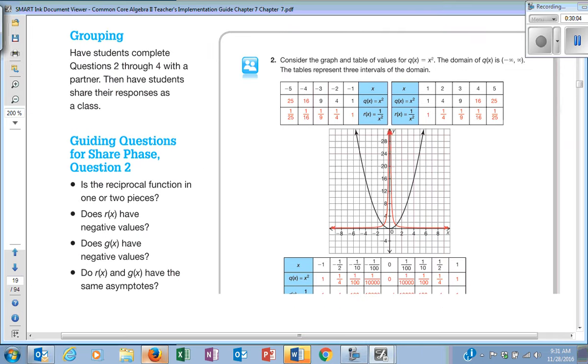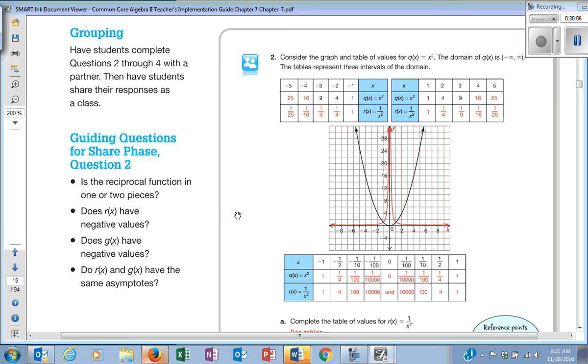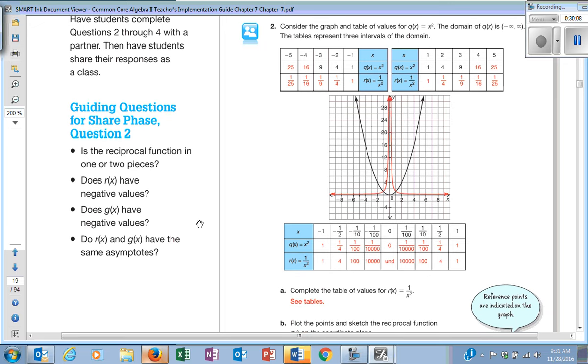Right here, they just fill in these tables again. This is the same exact thing they did up there, but they actually showed you the tables, so you can pause your video and fill these in. All they're doing is taking this x and plugging it into this equation. When you plug in negative 1, squared becomes a positive 1.